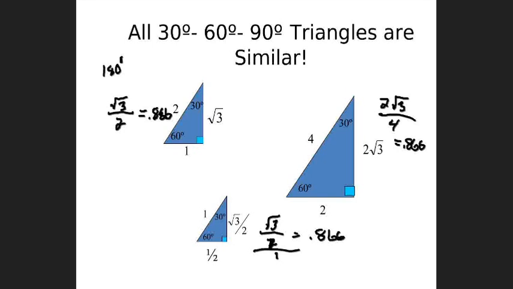So the ratio of these sides, regardless of the size of the triangles, when you divide sides by other sides, in this case the opposite, if we're looking from here, this would be the opposite, and this would be the adjacent down here, if I'm looking from the 60. And this is the hypotenuse. If I divide the opposite by the hypotenuse on each one of these triangles, I get 0.866.